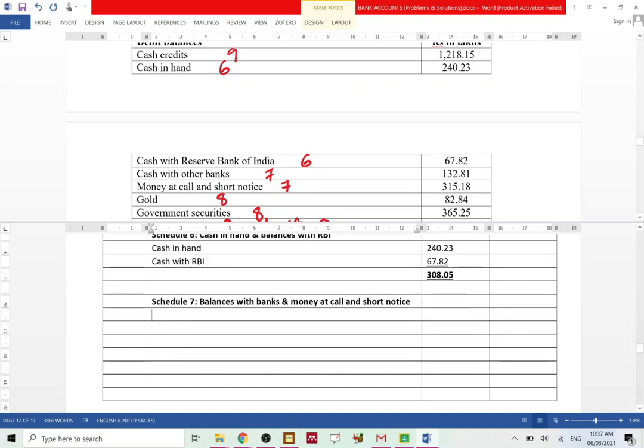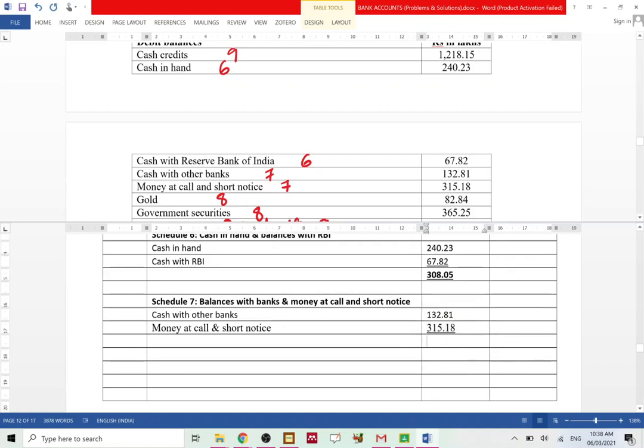Cash with other banks, first one. Amount is 132.81. Next one is money at call and short notice. 315.18 is the amount.